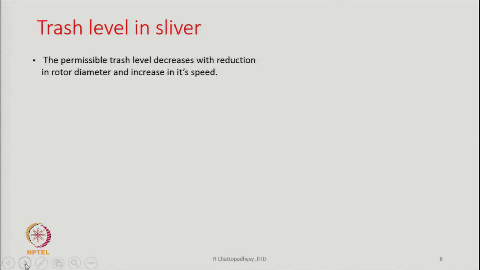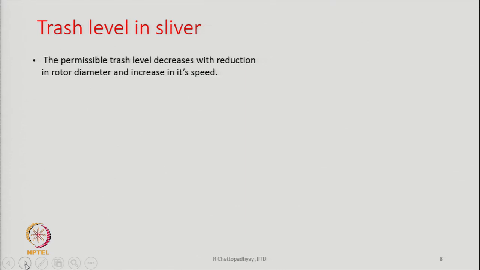The other important fact is the trash level in the sliver, especially in the case of cotton. The permissible trash level decreases with reduction in rotor diameter and increase in its speed. That is, if I go for higher speed, my sliver should be very clean, and if I want to go for a smaller diameter rotor, this sliver has to be very clean.